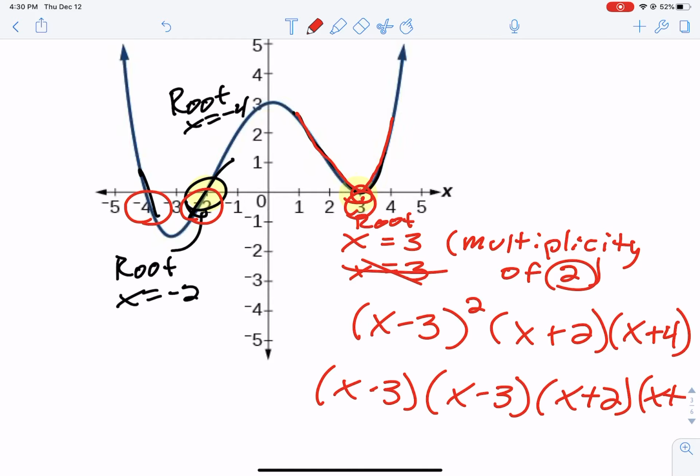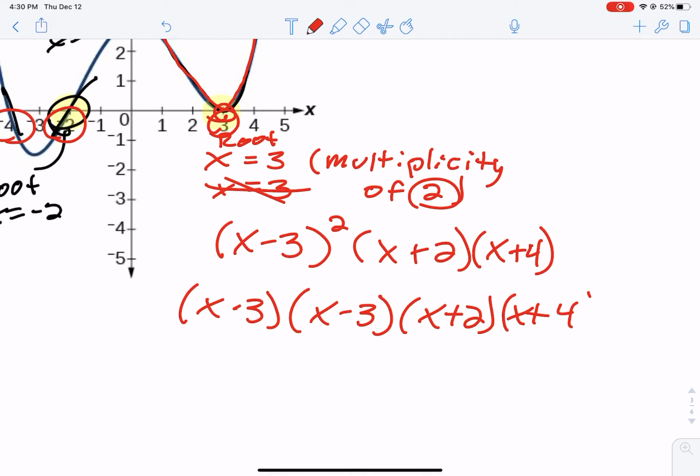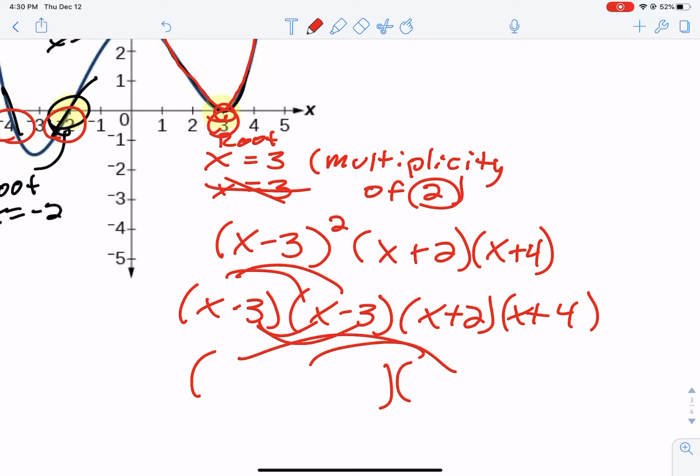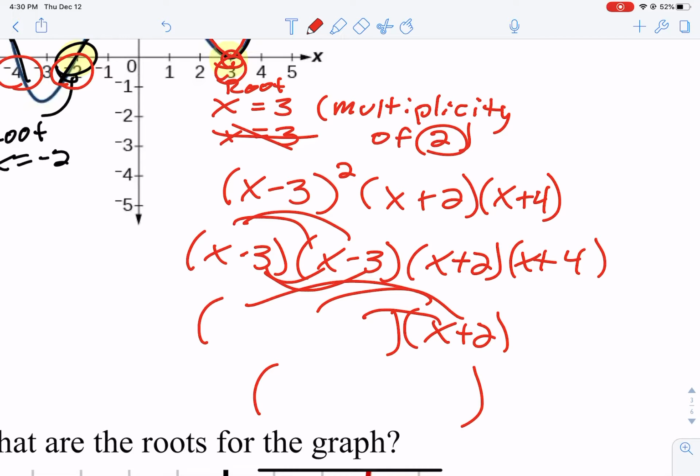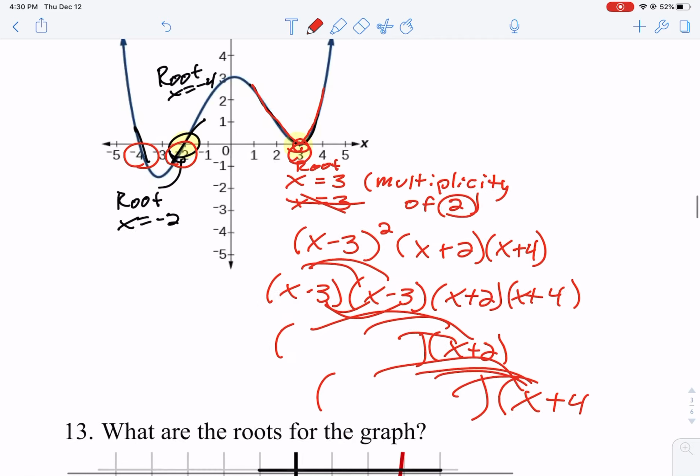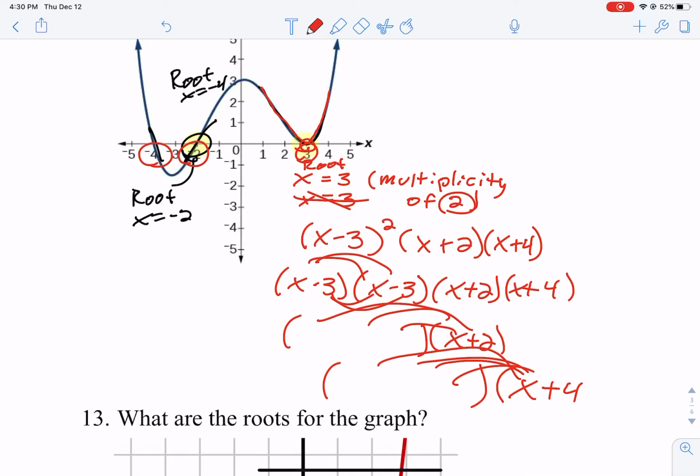But if I were to FOIL this out, this times this, get an answer, put it in parentheses, FOIL it with the x plus 2, get an answer and FOIL it again with x plus 4, FOIL all the FOILs, then I would end up with a polynomial that looks like this if I were to graph it, okay?